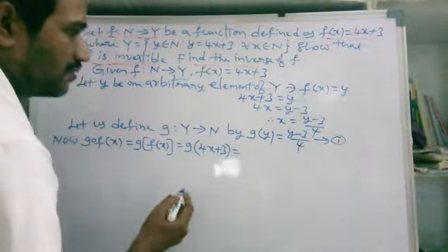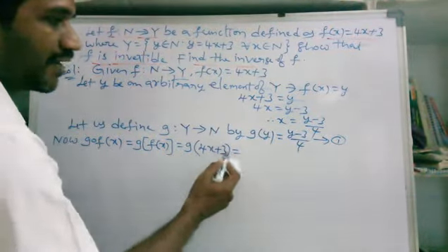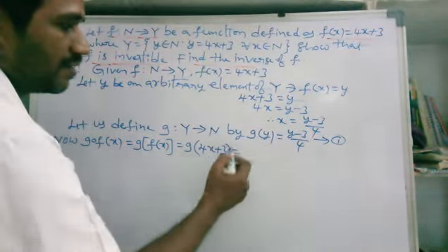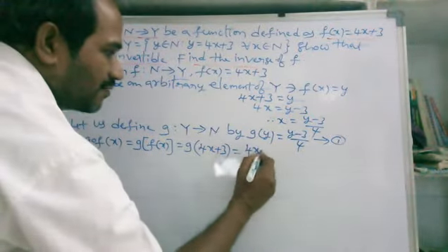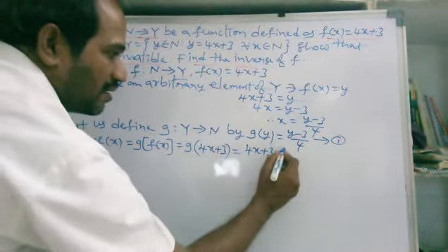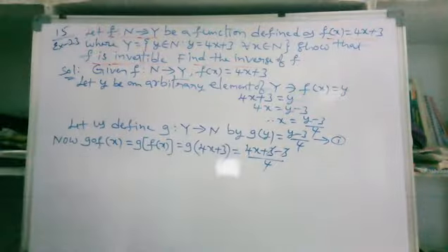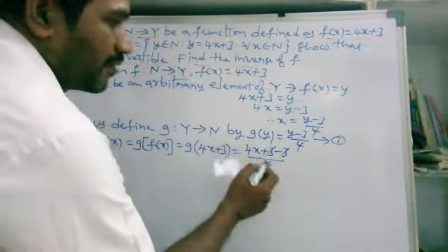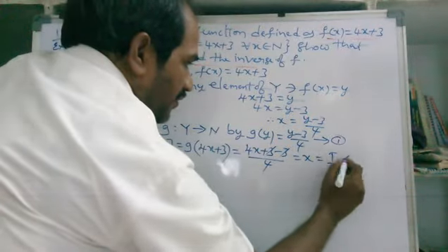So that is g of 4x plus 3. From the g of y form, replace y by 4x plus 3. That gives 4x plus 3 minus 3 by 4. So the 3 gets cancelled, and 4x by 4, the 4 gets cancelled, leaving x. Here x is equal to the identity function I of x.